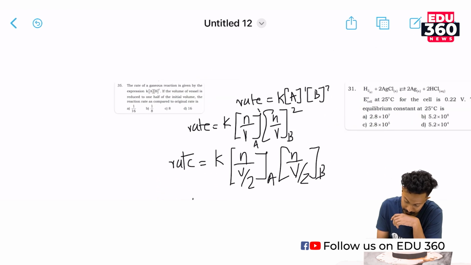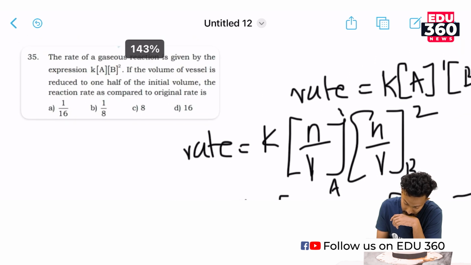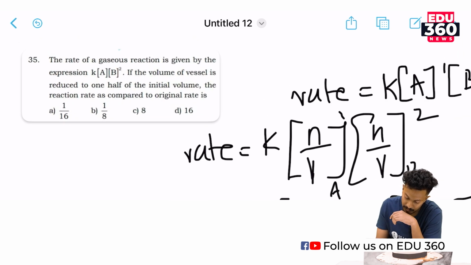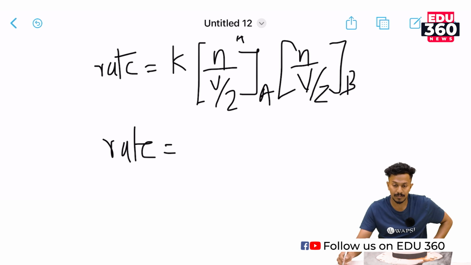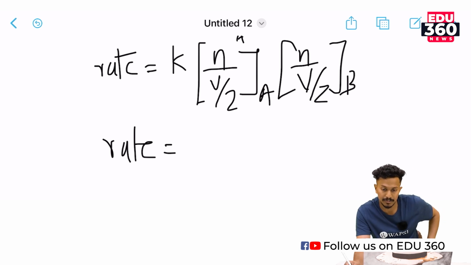Volume is reduced. So the volume of the vessel is reduced to 1/2 of the initial volume, so we have V by 2.